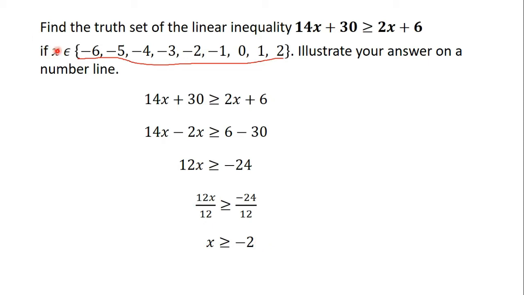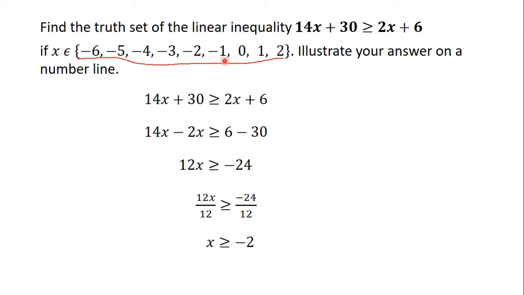But the question is telling us that this x belongs to this set, so the answers can be found in this set alone. So the truth set will be values in this set that are greater than or equal to -2. I hope that is clear. In the previous examples, a set was not given to us, so our answers would go on up to infinity.